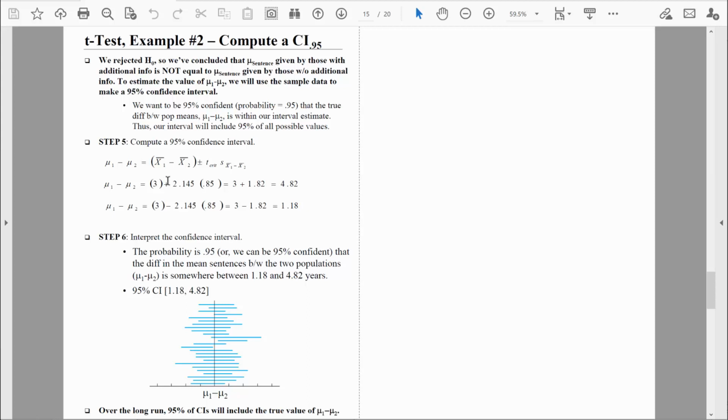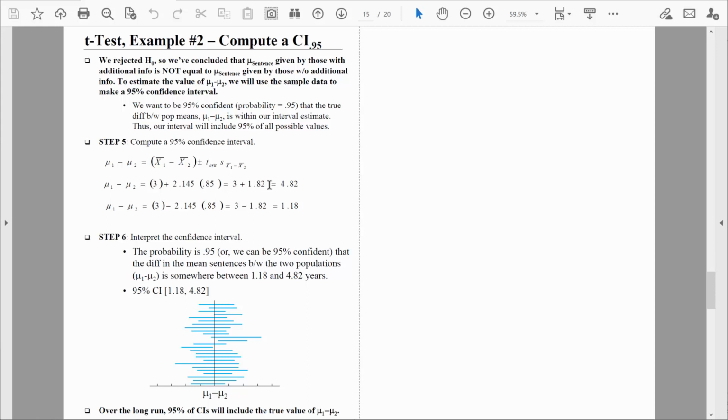In order to do that, we use the t critical values that we looked up previously, because those t critical values mark off the middle 95% of the distribution. And then to get our answer back into years, not t values, we have to multiply by the standard error. That leaves us with 3 years plus or minus 1.82 years.